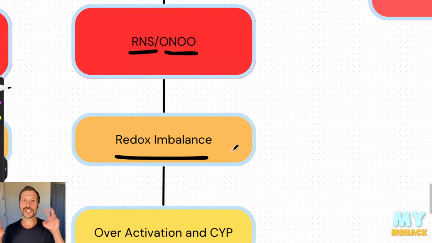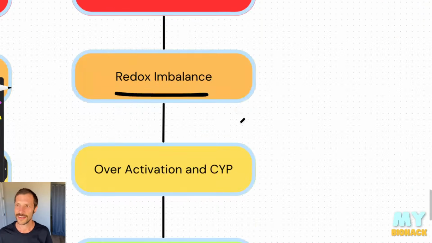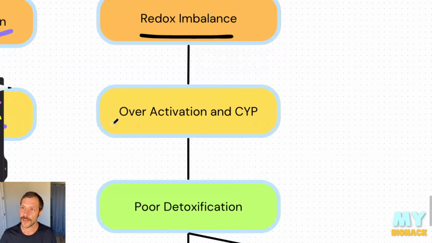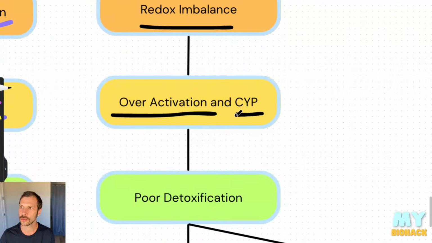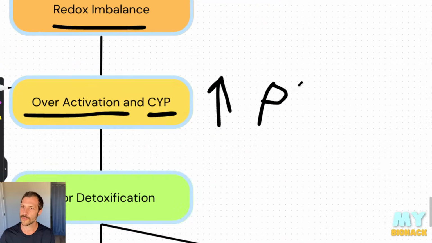This is like where you get epigenetic changes. You get overactivation of the detoxification system, and you increase your CYP enzymes. CYP enzymes are part of phase 1 of your detoxification.